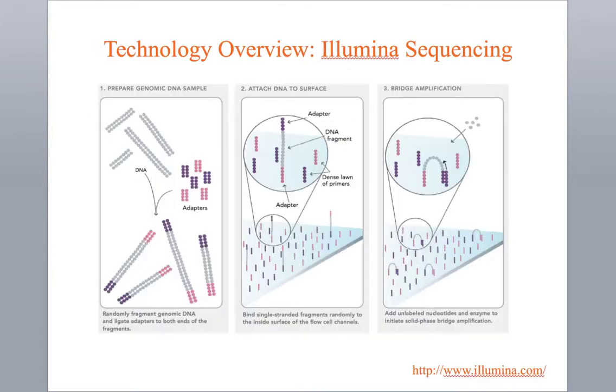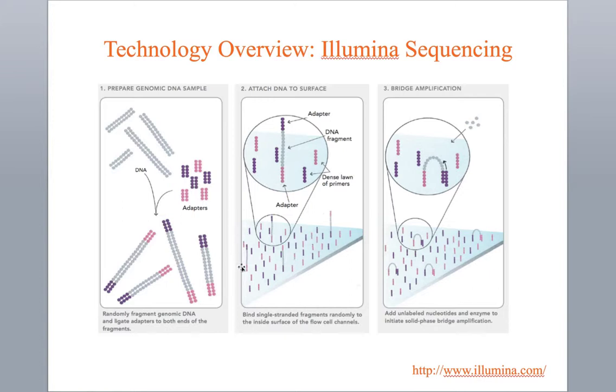All right. The leading company right now in Polony sequencing is called Illumina. This is just a summary from their website. Here's the DNA, they fragment the DNA, and they put two adapters on this fragmented DNA. After that they put this fragmented DNA on a surface, and as you see, the surface already has adapters attached. So the DNA is going to bind to those adapters because they are complementary, right?